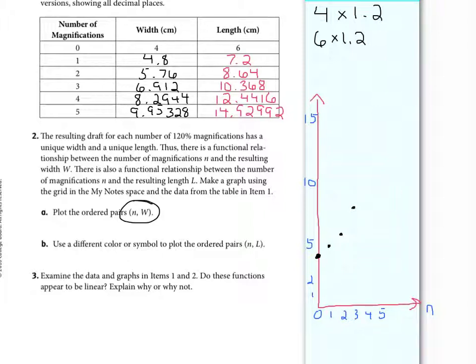The fourth one is at 8.29. Whoops. The third one was at 6.9. It's right here. 8.2 would be here, and the fifth one is 9.95.